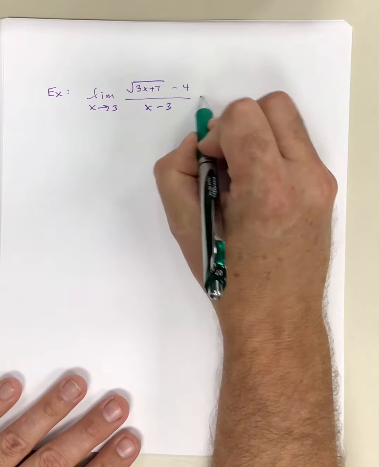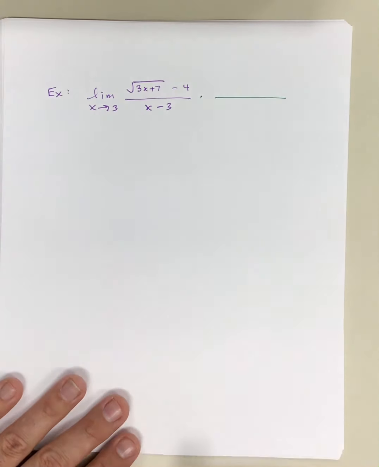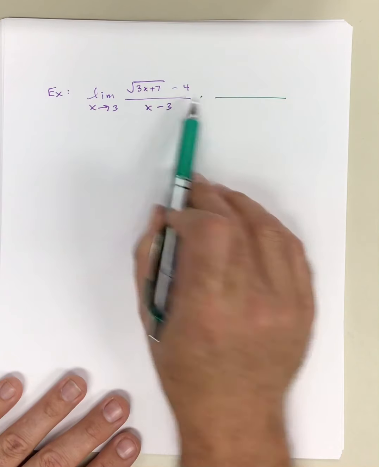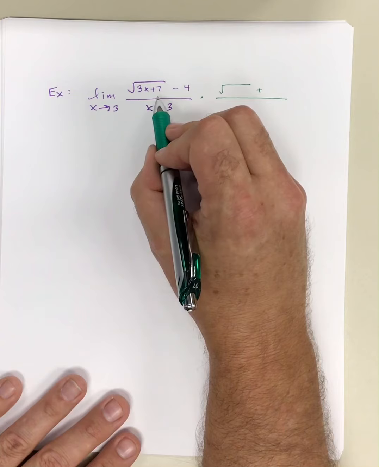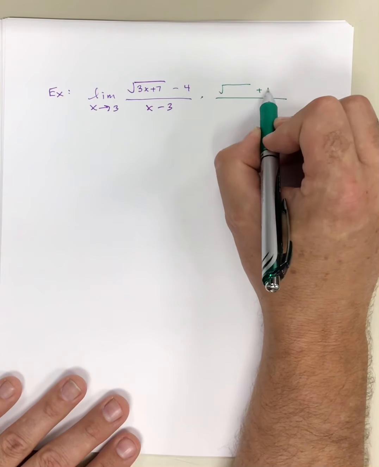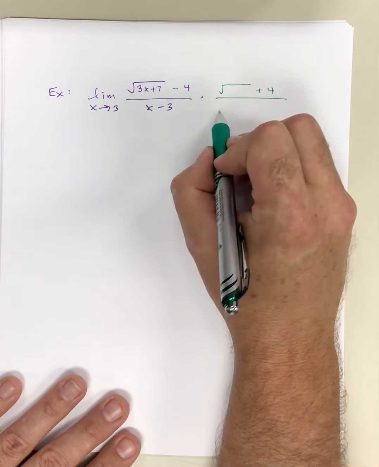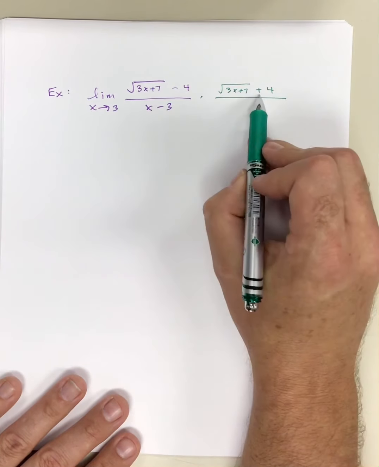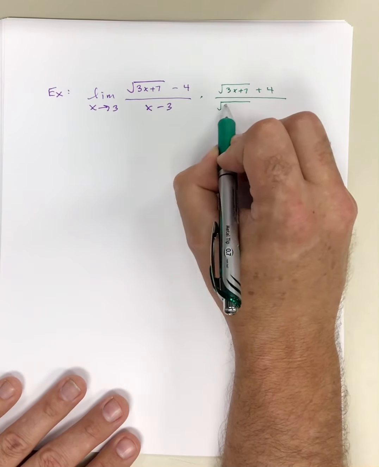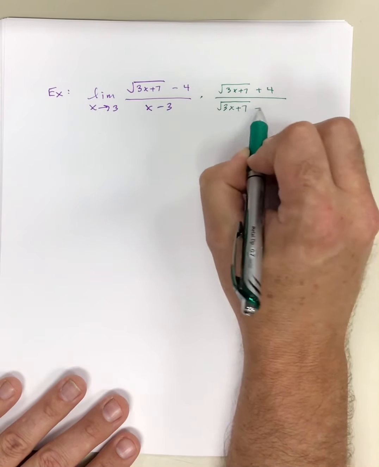And let's use the same strategy as before of multiplying by the radical conjugate. So instead of radical 3x plus 7 minus 4, its radical conjugate is the square root of 3x plus 7 plus 4. There's our sign change. And we need to use the same expression in the denominator.